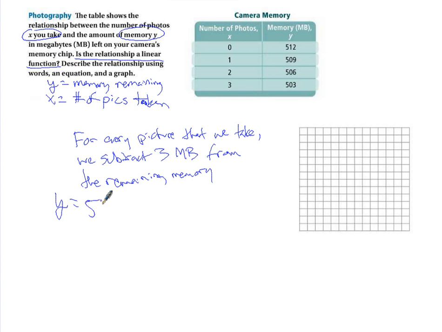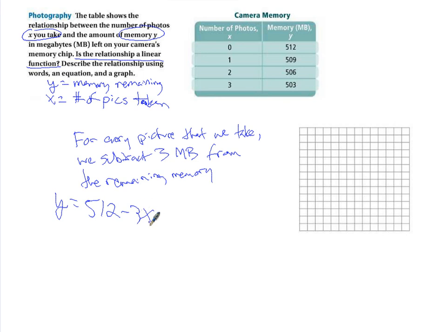Y equals 512 minus 3. That's if I took one picture. This is now if I take a bunch of pictures. Any number of pictures, and now I know how much memory I have remaining. That's the equation.